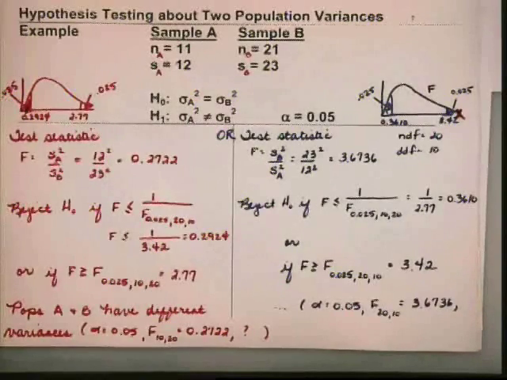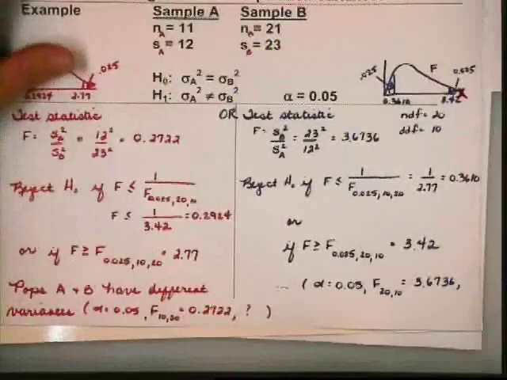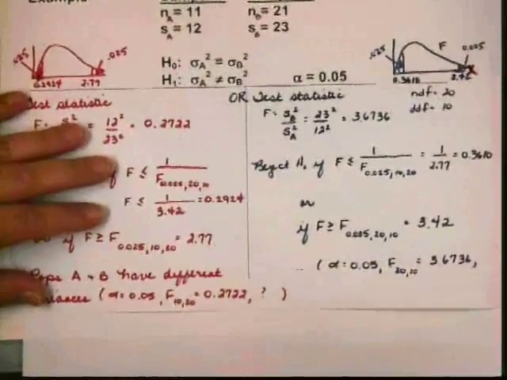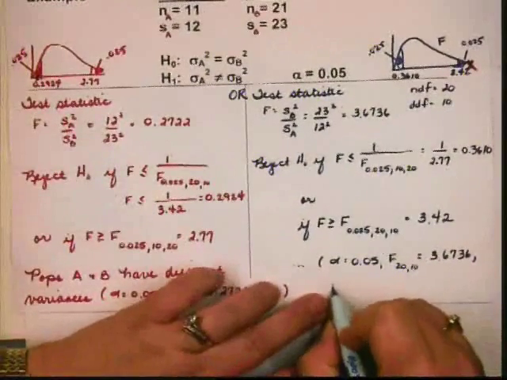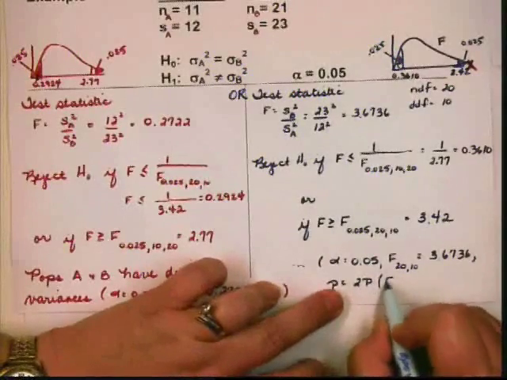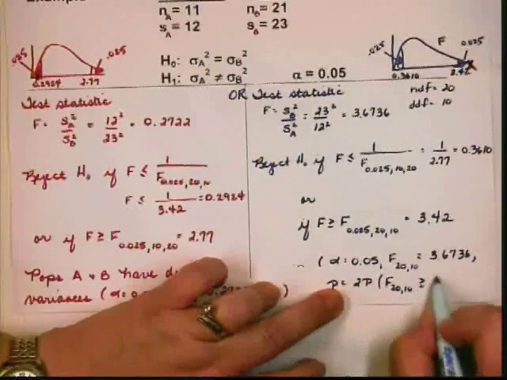So our p-value is 2 times the probability of F with 20 numerator, 10 denominator degrees of freedom being greater than or equal to 3.6736.